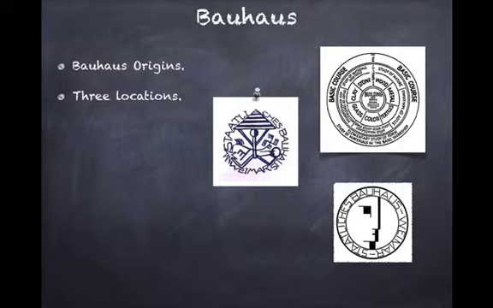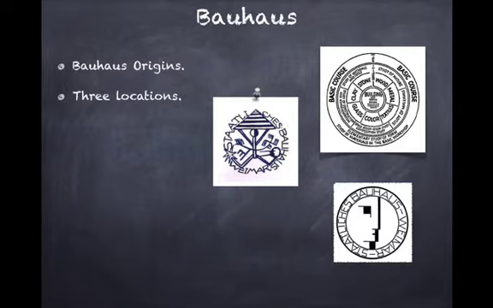Gropius began his career working for Peter Behrens, a founder of the Deutsche Werkbund. Gropius then applied the principles of the Werkbund to the Bauhaus curriculum, in effect creating a laboratory to teach and expand the Werkbund theories of design.